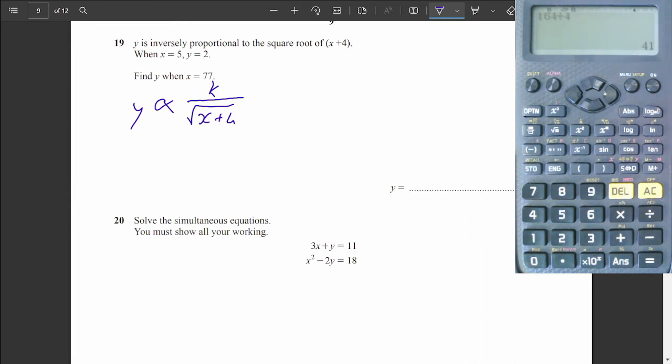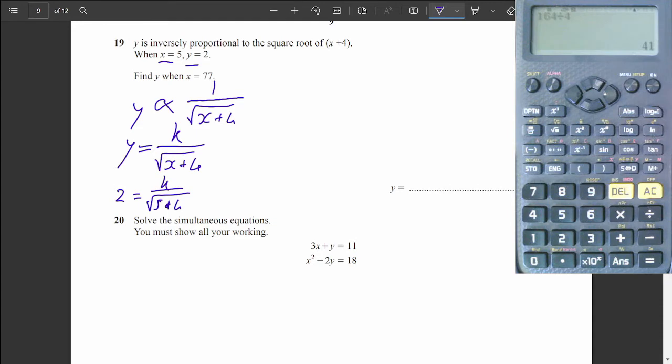Now we can make that, so that should be a 1, of course. That's inverse proportion. Then making it an equation, we put in the constant k over square root of x plus 4. We can now substitute in the values we have. y is 2 and x is 5.